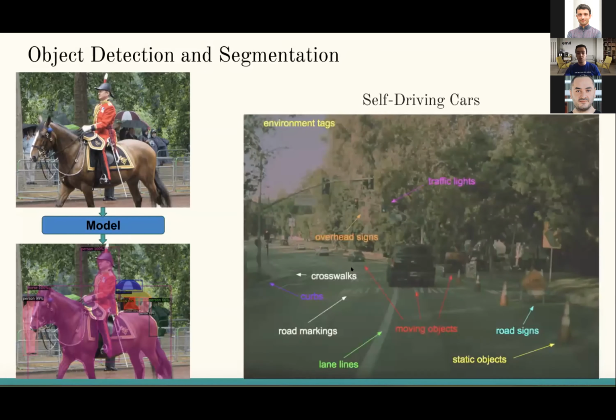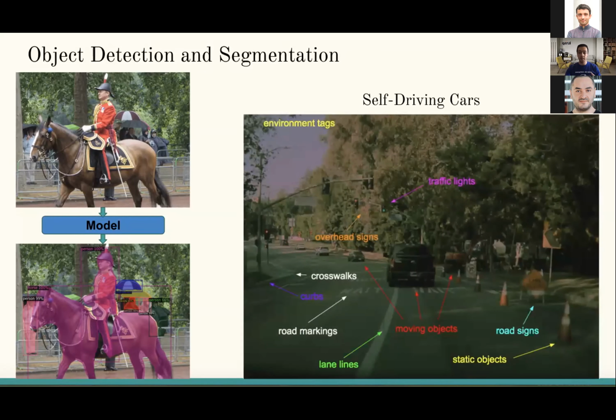So when the car sees its environment, it should recognize and locate road signs, crosswalks, pedestrians, lanes. So it should understand, just by looking around, what is going on.